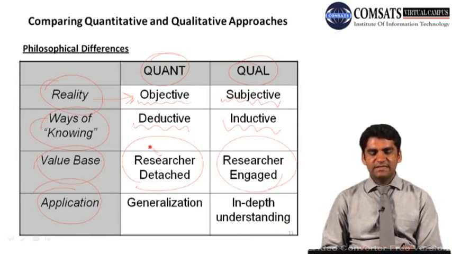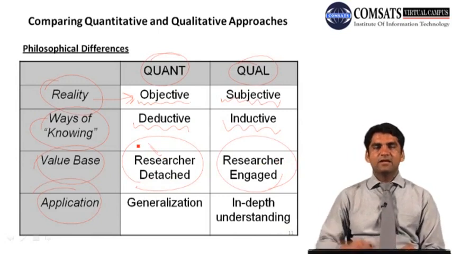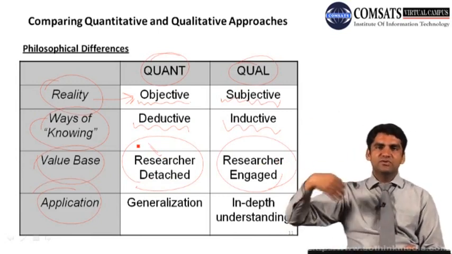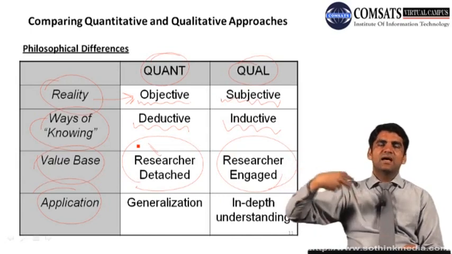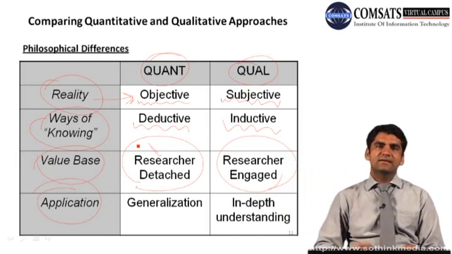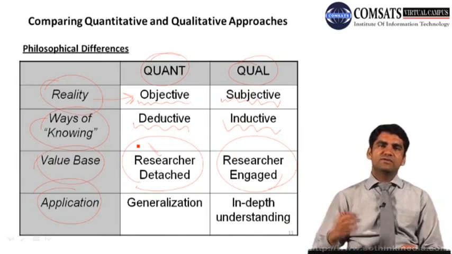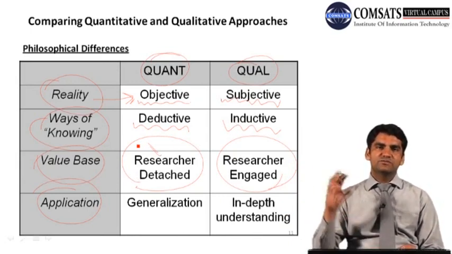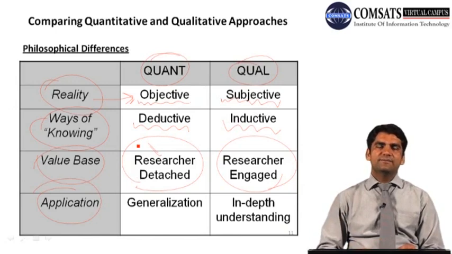Why is the researcher detached in quantitative? Because you get numbers, you do analysis based on numbers, and then you analyze, interpret, argue, logically state your argument based on the analysis which is related to those numbers.